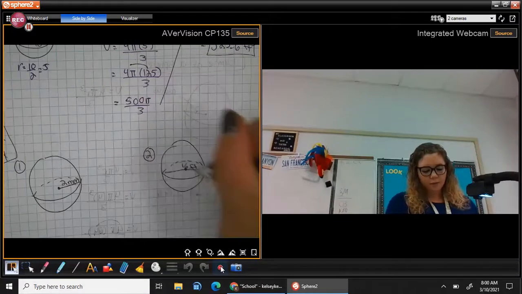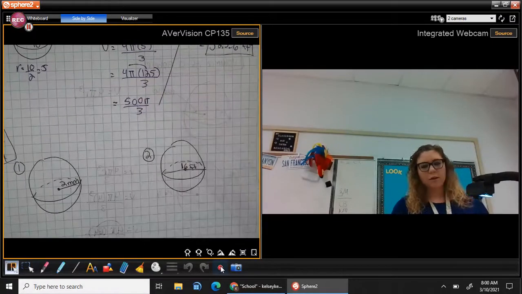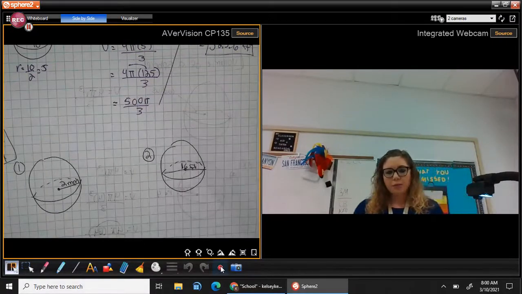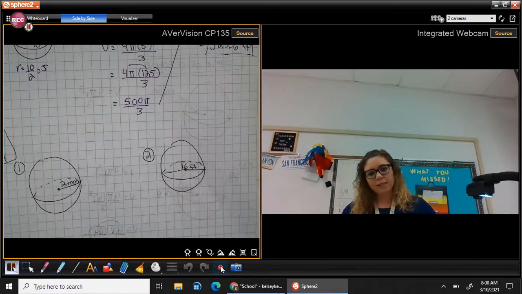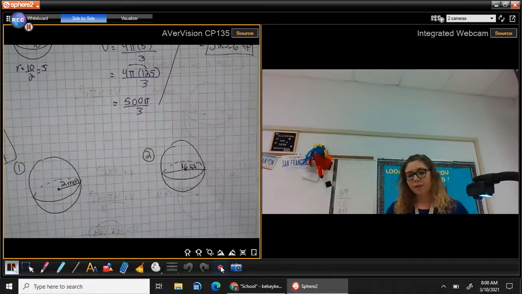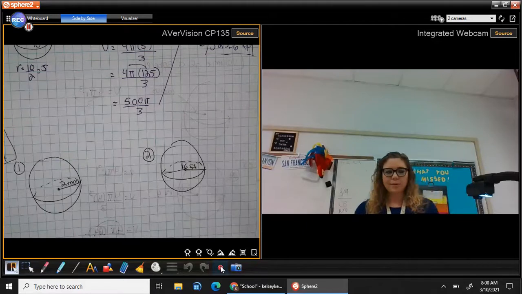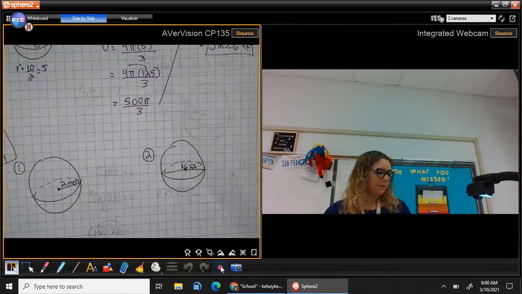So find the volume, this is a 16. Okay, so find the volume of these two, pause my video, work these out, and then come back for the answers. Remember, you can use Desmos Scientific Calculator. Okay, that is going to be located on my homepage in math. So if you don't have a calculator, that's fine. You can just use Desmos. Okay, so give these a try.